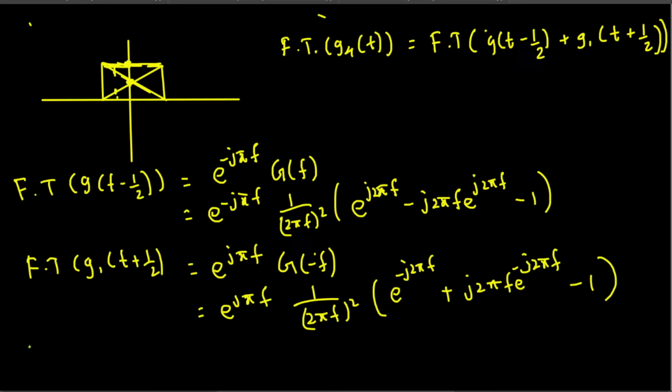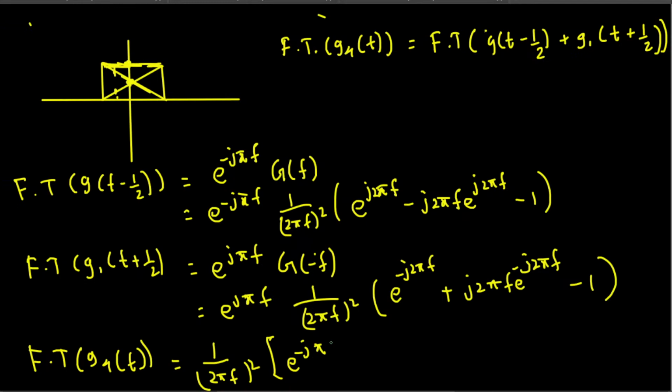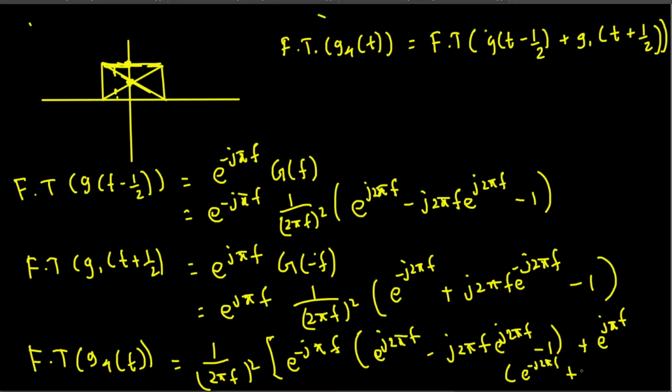Therefore we can finally express the Fourier transform of g4 of t, which is equivalent to, taking (1 over 2 pi f) whole thing squared common, e power minus j pi f multiplied by e power j2 pi f minus j2 pi f e power j2 pi f minus 1, and then plus e power j pi f multiplied by e power minus j2 pi f plus j2 pi f e power minus j2 pi f minus 1.